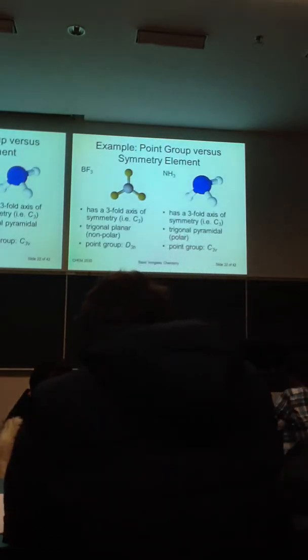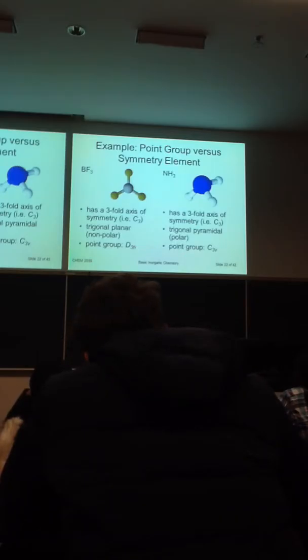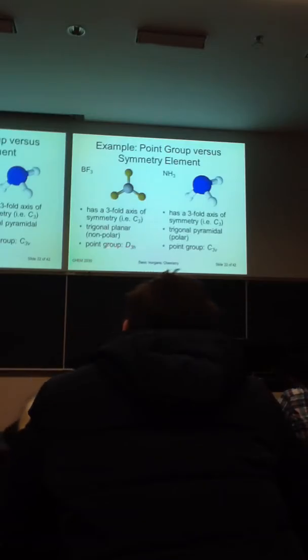So things like the polarity will be different in the different molecules, and we can see that when we just know what the point groups are. Okay, I'm getting a little ahead of myself here, but what we really want are these point groups. That's our objective. Get the point groups, and then we'll be able to use some other information that comes with them to establish all these other properties we want to look at.